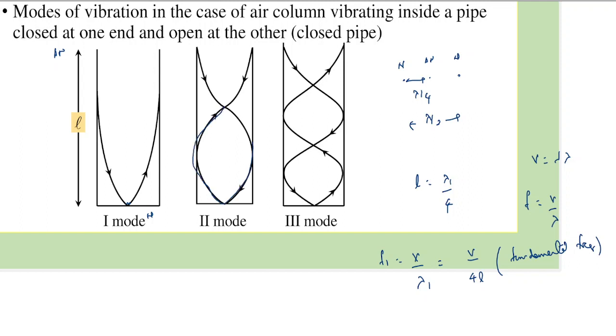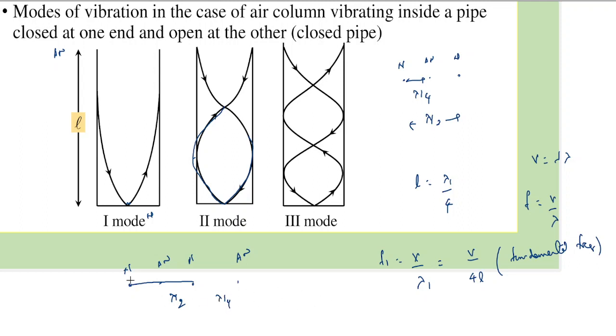To find the next frequency, we can take a case where we have a half loop, that is, one point is a node, this is an antinode, then a node, and then an antinode.